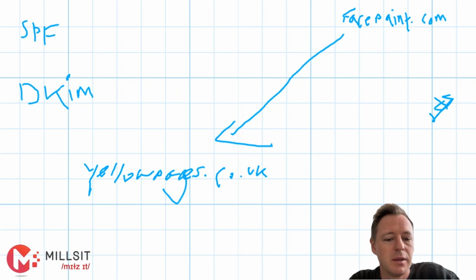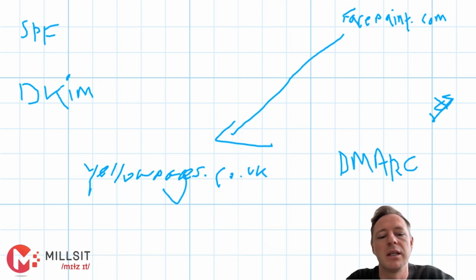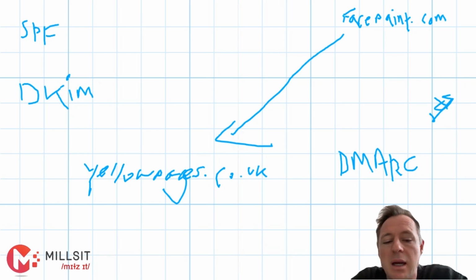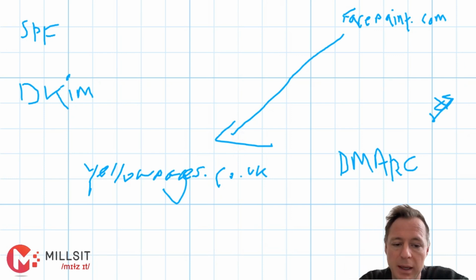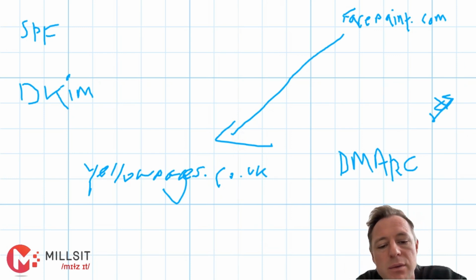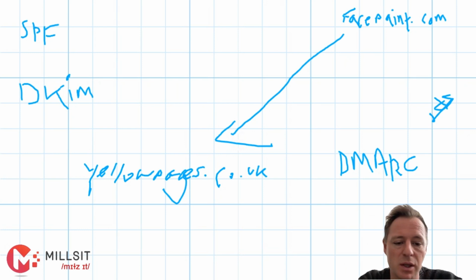Okay. Go back to my drawing. Okay. DMARC. Okay, this is another record in DNS. It's in plain text format, and there's three different types of parameters or values you can put into your DNS zone file.